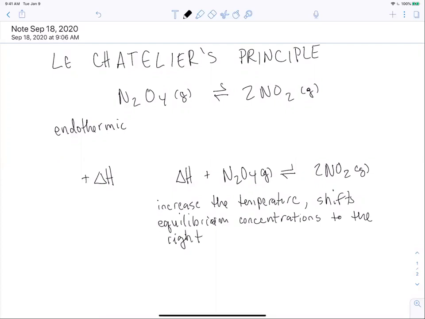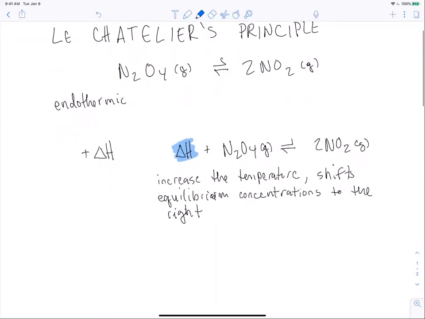It doesn't fall out of the same math, but it's the same idea as we talked about before, whereas if I were to increase the concentration of that, we expect it to move things over to the products. As a useful way to remember it, we're going to treat delta H as if it's a reactant. Now if I add heat, which is going to increase the temperature, that's going to shift the reaction to the right.